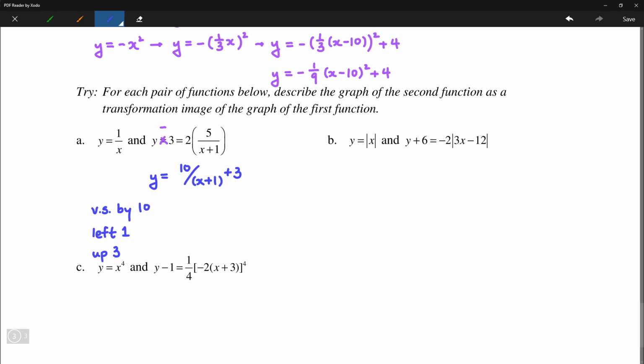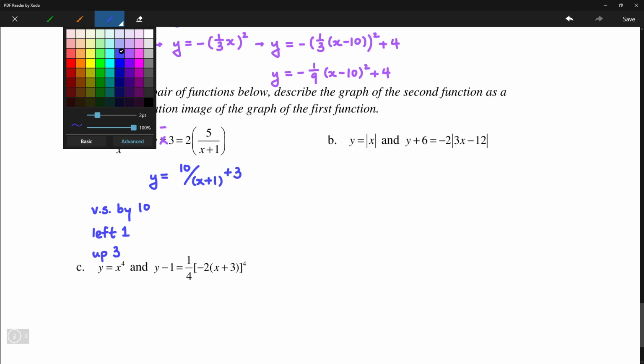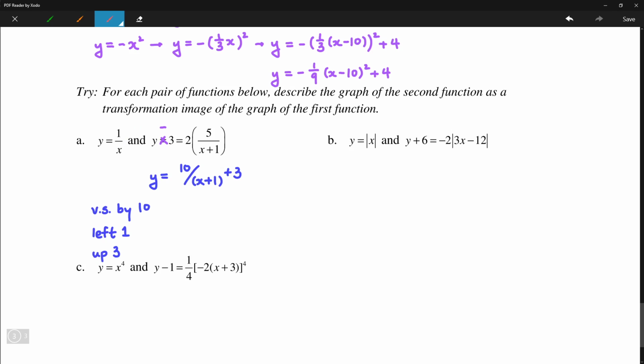Okay. Next up, in example B. It's probably easier to, once again, move some things around: negative 2, and then the absolute value of 3, and then in parentheses x minus 4, and then outside of the absolute value, minus 6. Okay, so let's start with the negative sign. That will be a reflection over the x-axis.